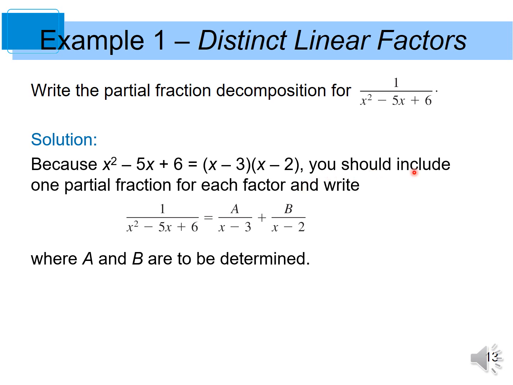You should include one partial fraction for each factor and write 1 over x squared minus 5x plus 6 equal to a over x minus 3 plus b over x minus 2.